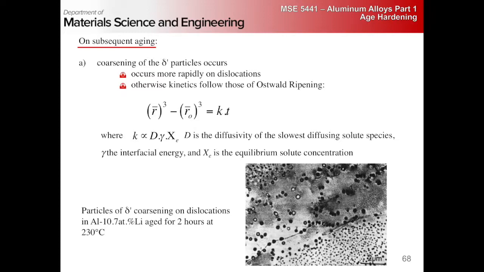Remember, the smaller the radius of the particle, the greater the free energy of the particle, and the kinetics for Ostwald ripening goes as the difference between the cube of the current particle size and the initial particle size, right?